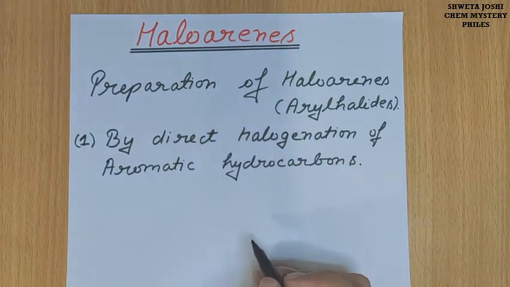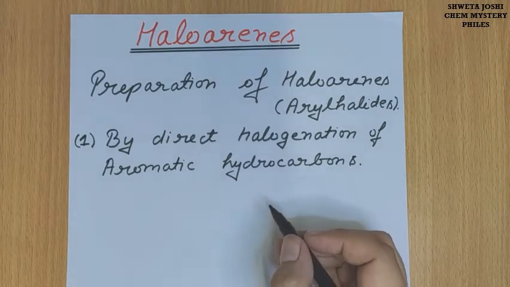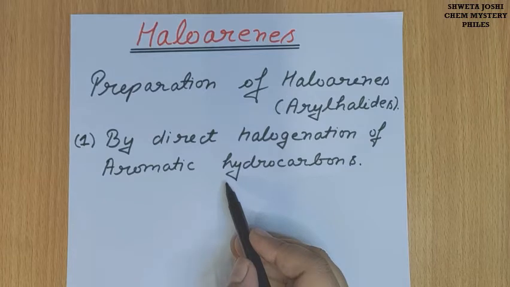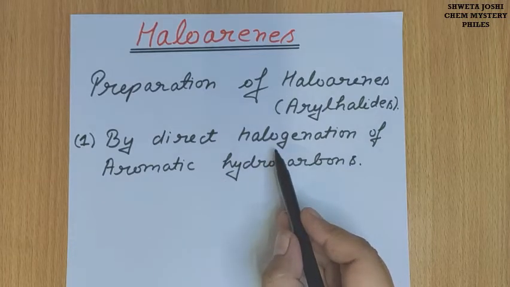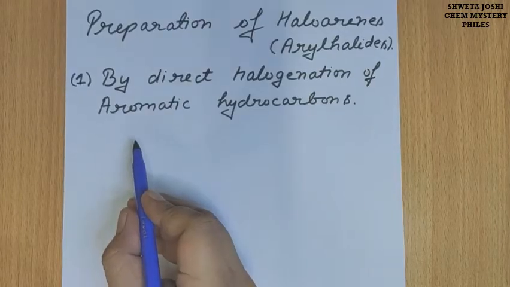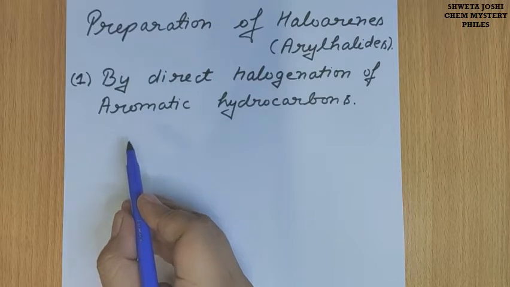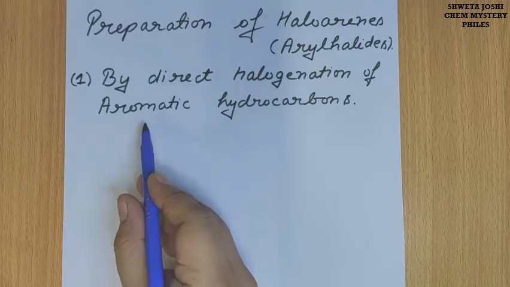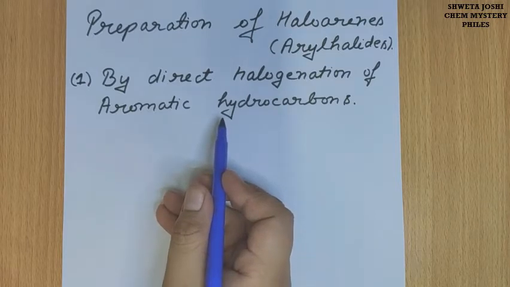In this reaction, our substrate on which the reaction will take place is an aromatic hydrocarbon, and our reactant or reagent is halogen. In this reaction, there is replacement of hydrogen of the aromatic hydrocarbon by a halogen atom.